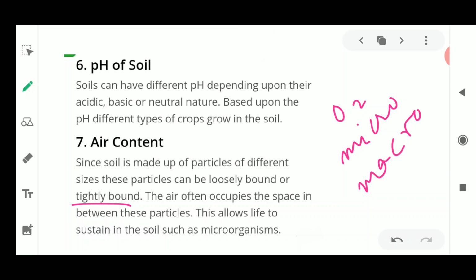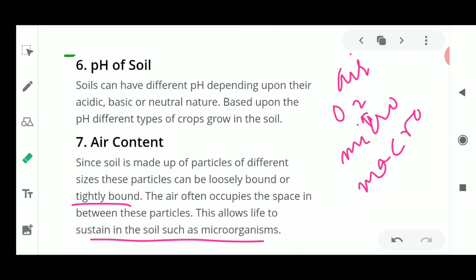These organisms both require oxygen to breathe, and this oxygen comes from air. This oxygen allows the life sustenance of these microorganisms. We require oxygen, and they require air, so that the microorganisms could sustain their life very properly.